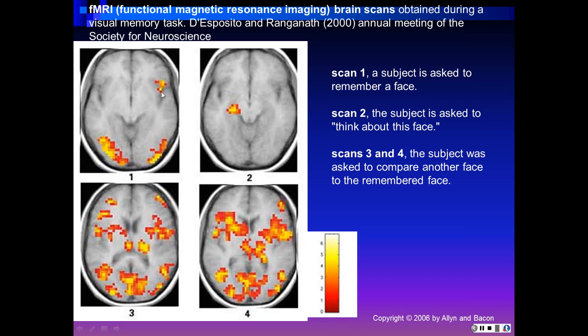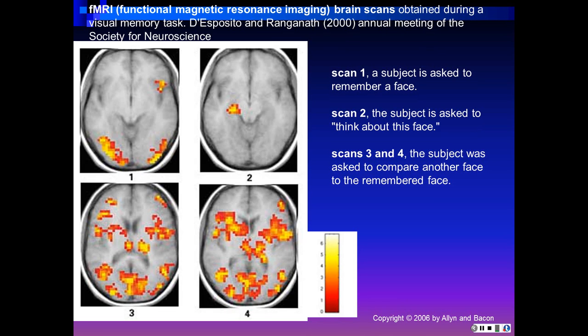Areas related to memory and emotion are lighting up here. Then think about the face, just this little area here, and then compare another face to the remembered face, and that's causing a lot of different integrated brain activity when we're asked to do a more complex task, and that's easily visible with an fMRI scan.